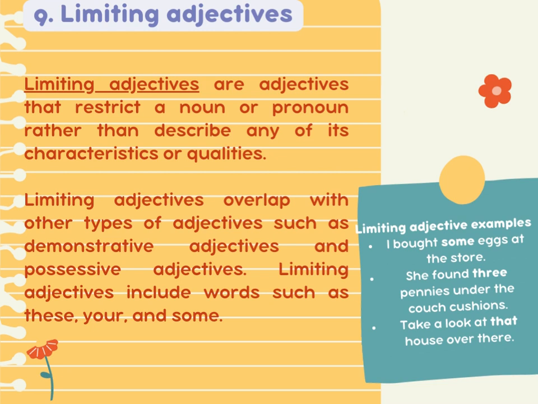Limiting adjectives include words such as these, your, and some. Here are a few examples. I bought some eggs at the store. She found 3 pennies under the couch cushions. Take a look at that house over there.